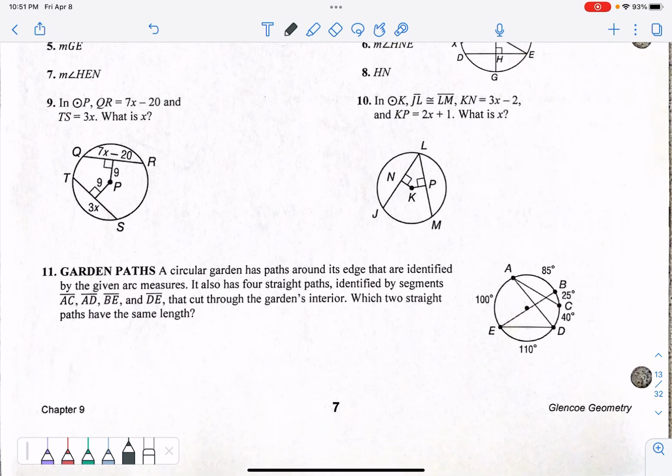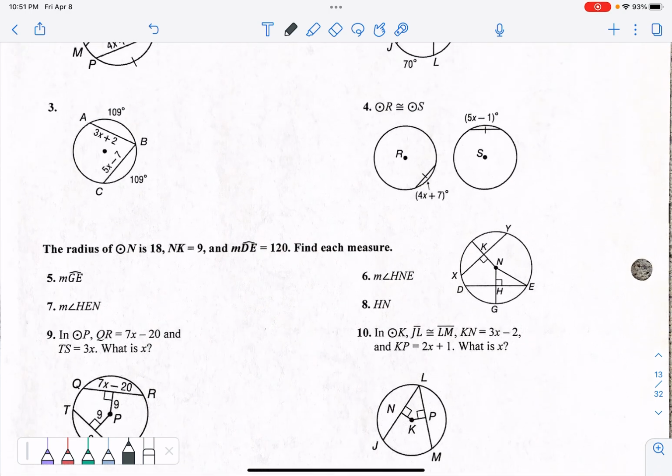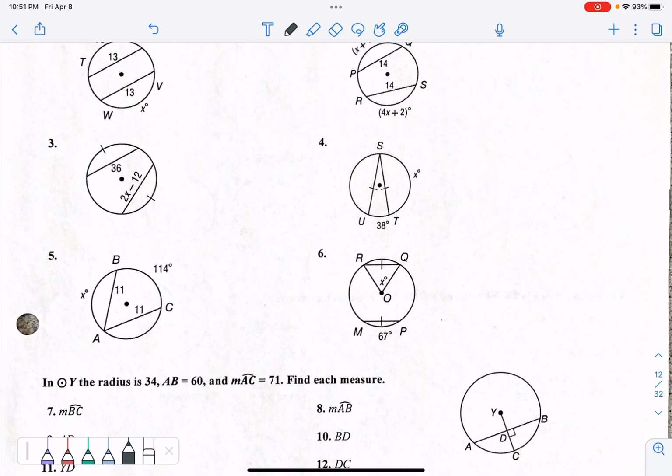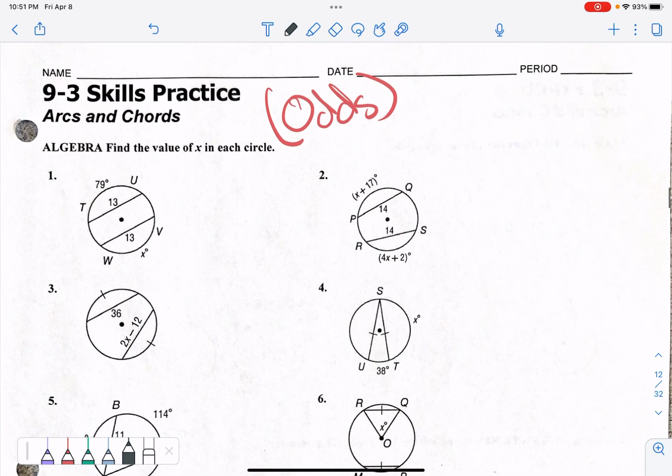There is a story problem. Actually read it, go through it, see if you can figure it out. I probably will have you turn that in tomorrow with my sub. I think it's Mrs. Arms. And then I'll have her give you the notes and stuff for 9-4, and we'll go through 9-4 notes tomorrow.